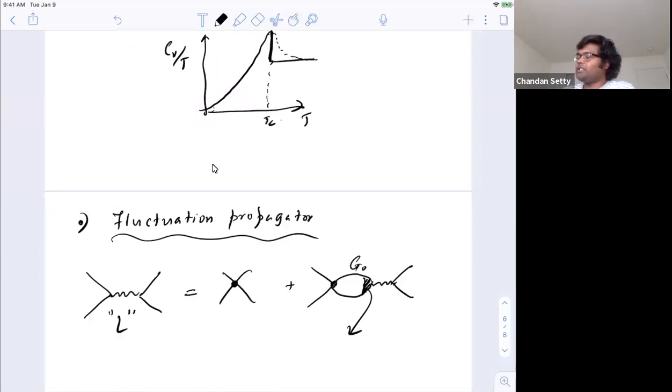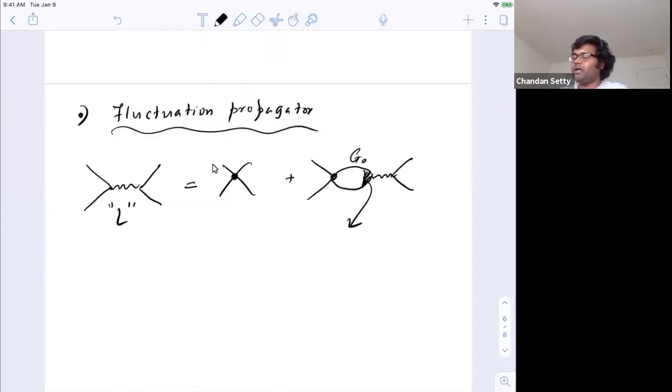Okay, just to give you a feel for what the fluctuation propagator does, one of the main uses is that with the knowledge of the fluctuation propagator, you can calculate all of these thermodynamic and electronic properties that I told you about before. In principle, you can also calculate what the instability temperature is, or the contour of instability, by simply looking at the temperature at which the long wavelength static limit of the fluctuation propagator diverges.